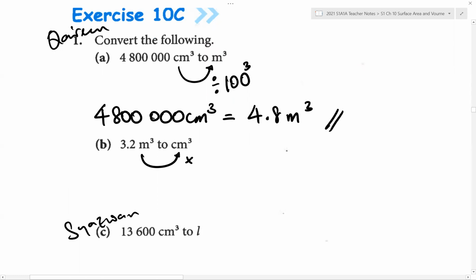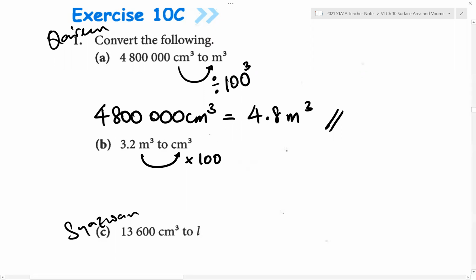Times what? Times 100 cube. Okay, can you explain why you decide to times 100 cube? If we simplify it from meter to cm, what is the working? Times or divide? Times what? Times 100.